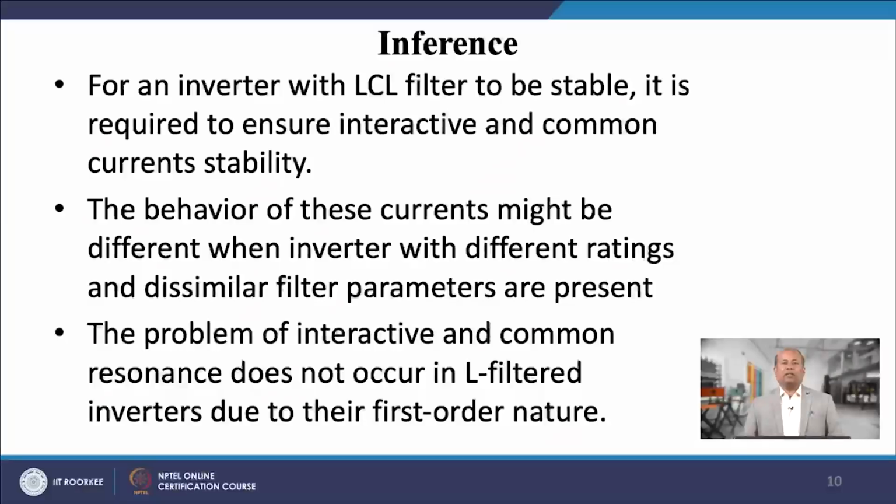Inference: an inverter with LCL filter at its output terminals needs to ensure interactive and common current stability when identical inverters are connected. The above scenario is different when there are dissimilar inverters. The problem of interactive and common resonance does not occur in L filter inverters due to their first order nature.